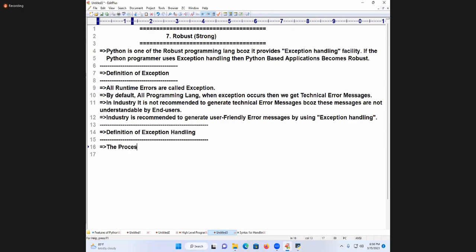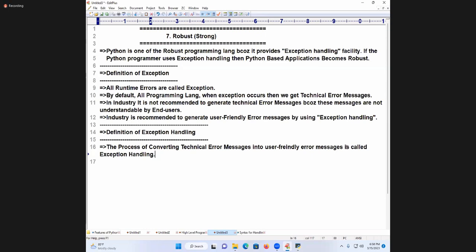The process of converting technical error messages into user-friendly error messages is called exception handling.